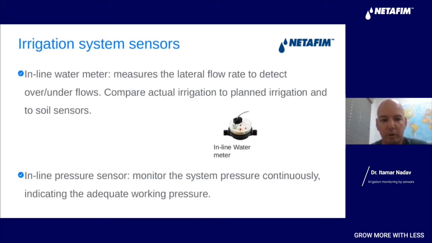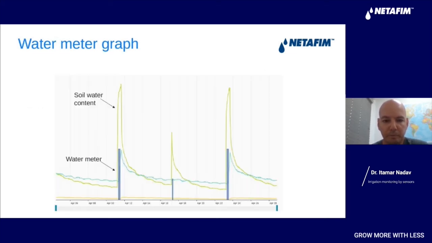And we have inline pressure sensors that can monitor if we are operating at the exact pressure that we need, because if we drop the pressure too much, the irrigation efficiency will not be as planned, and the meaning of that is less irrigation than we planned.